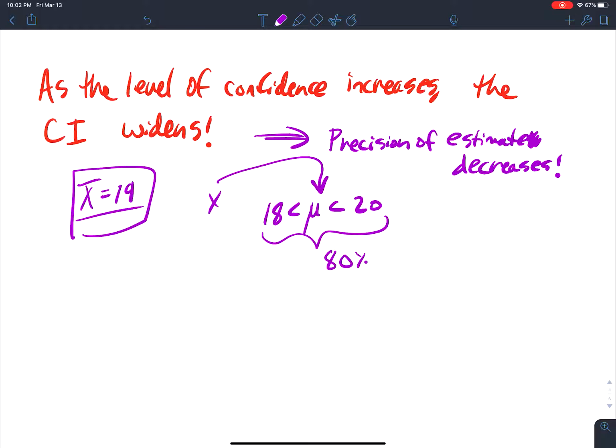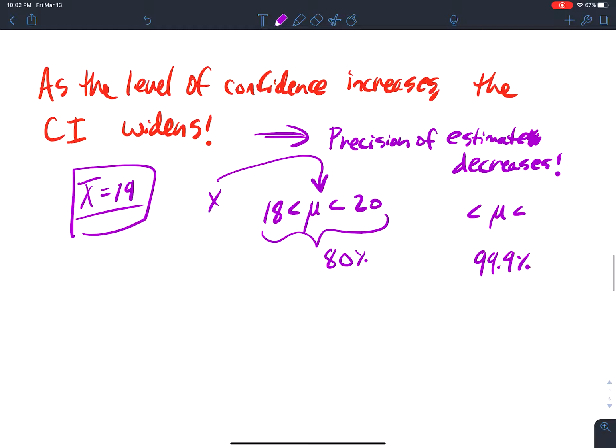But I can be like 99.9% sure if I said, well, you know what? Maybe the average age is between, I don't know, 5 years old and 70 years old. Yeah, that sounds good. I'm like 99% sure. Well, yeah, my confidence level increased. It went up to 99.9%.